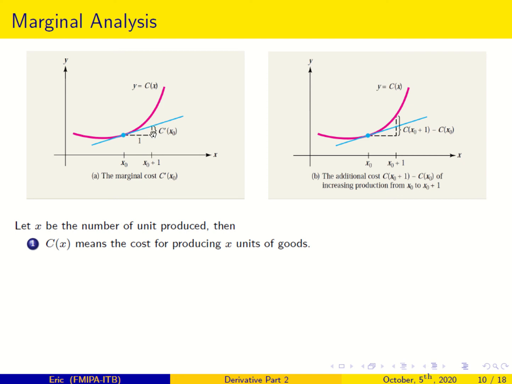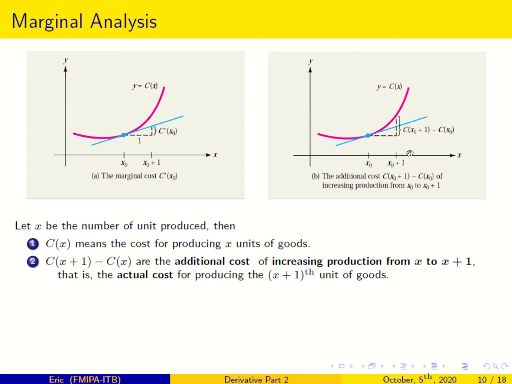So C prime x0 is a good approximation of the marginal. We usually call this the marginal cost. The marginal cost C prime x0 is an approximation of the cost of the x0 plus 1 unit.